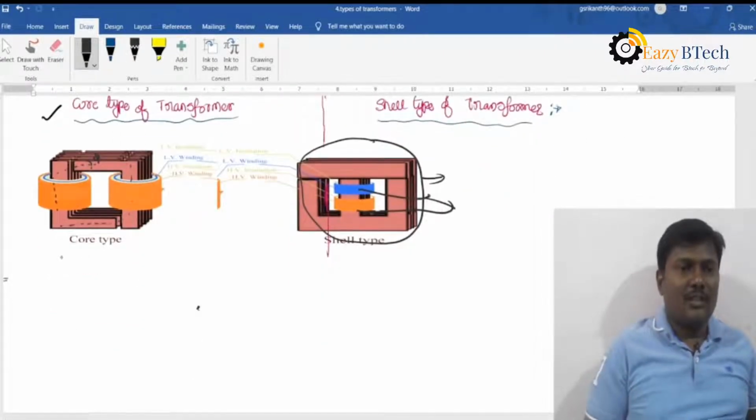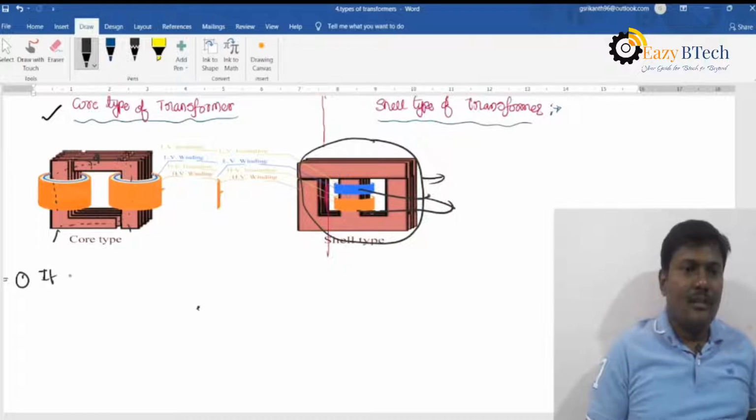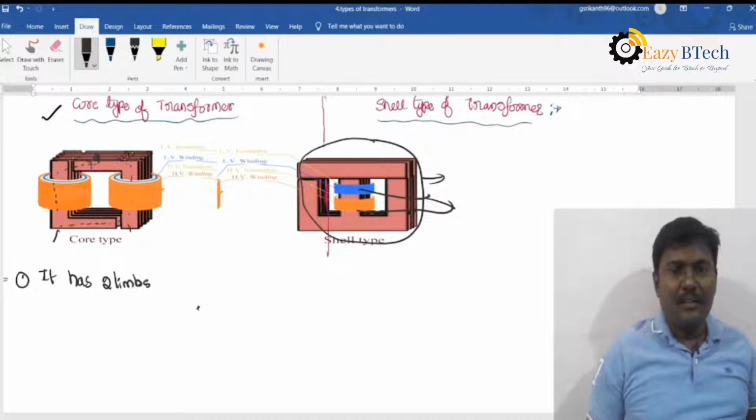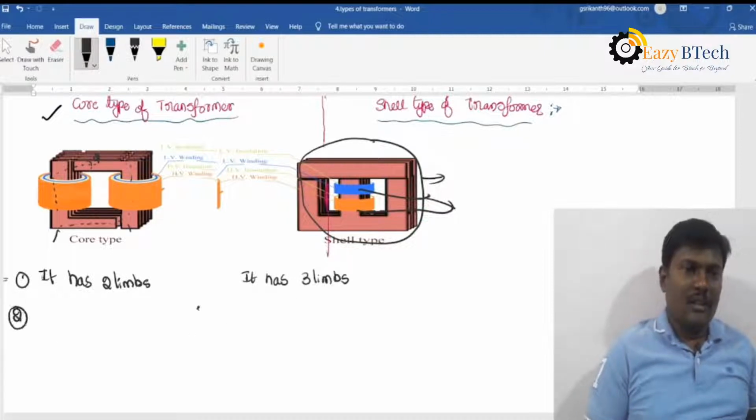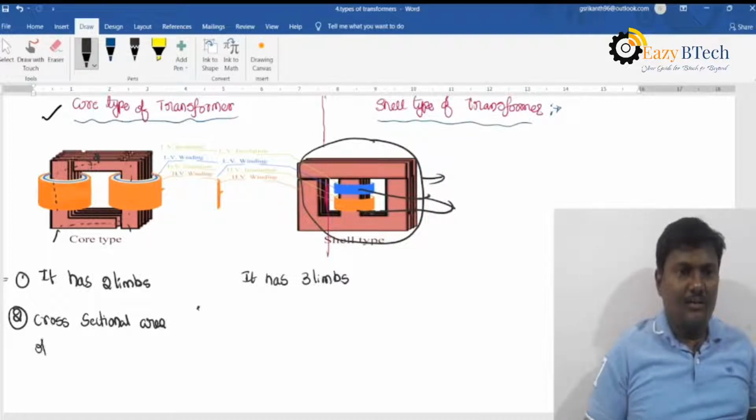In a core type of transformer, it has two limbs. But in a shell type of transformer, it has three limbs. In the core type, the cross-sectional area of both the limbs is the same.